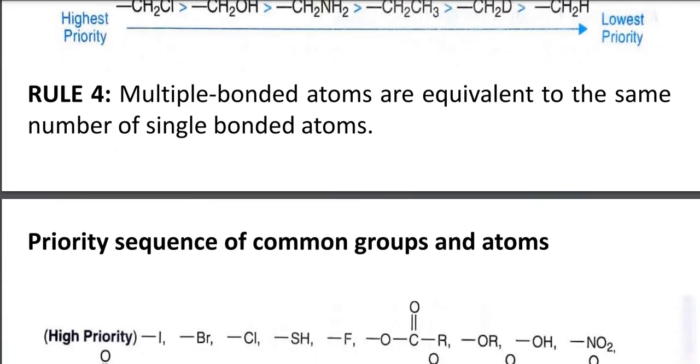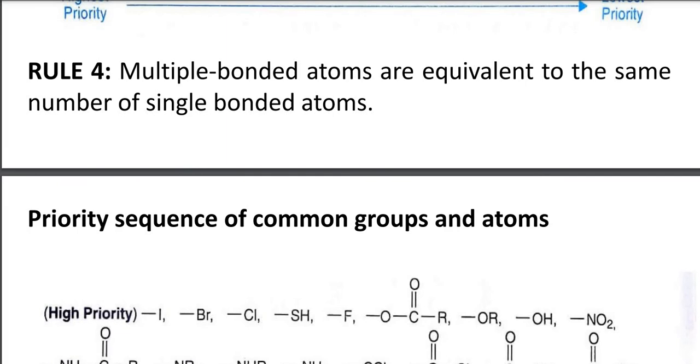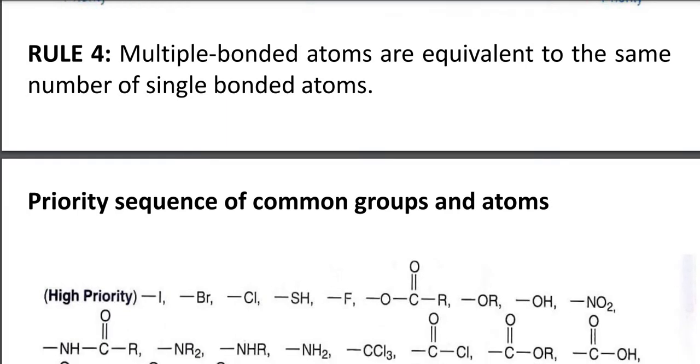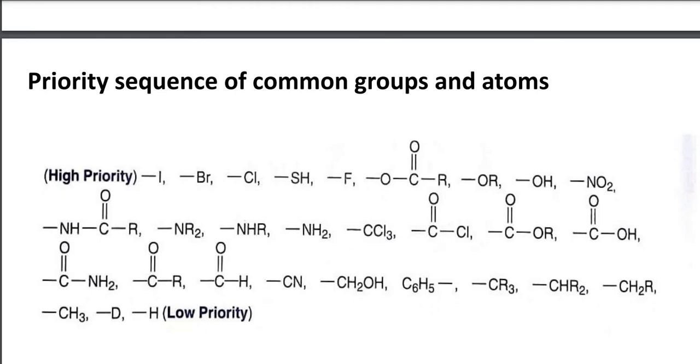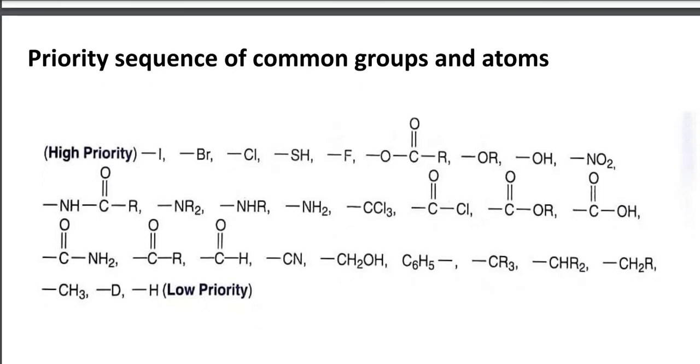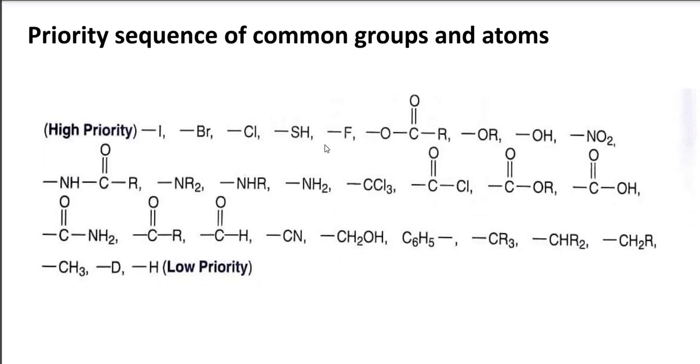Now rule 4: multiple bonded atoms are equivalent to the same number of single bond atoms. So the priority sequence of common groups and atoms: iodine, bromine, chlorine, thiol, fluoride, ester, ether, alcohol, nitro groups, amide, dialkyl secondary amine, and amine, carbon tetrachloride, and this is the derivative of ester.